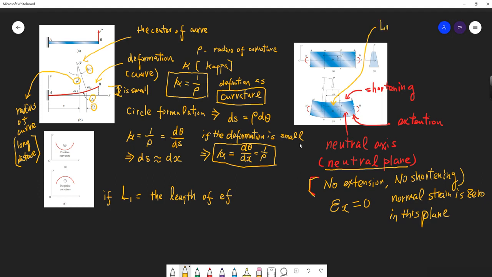If we define this is L1, so L1 is the length after bending. In this case, we know it's a shortening.